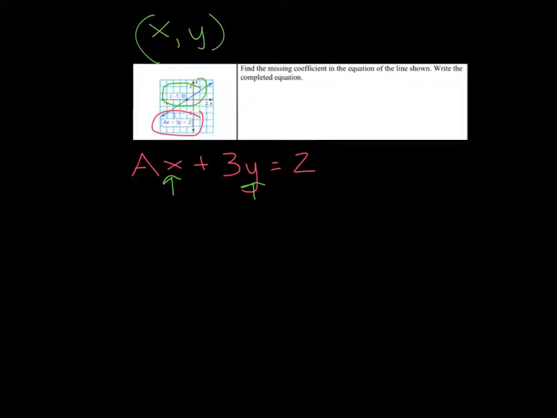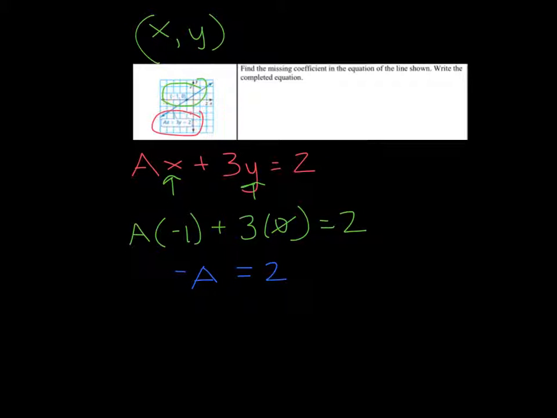I know that a times -1 plus 3 times 0 has to equal 2. I got those numbers from this ordered pair. x was -1, so I replaced x with -1, and 0 is y. Now I can solve. a times -1 is just -a. 3 times 0 is 0, so it goes away, and I'm left with -a equals 2.